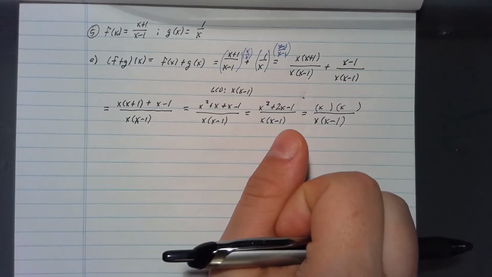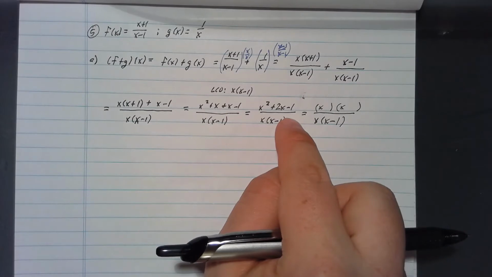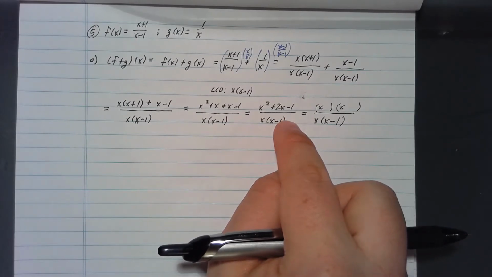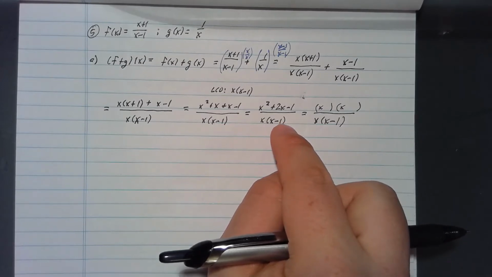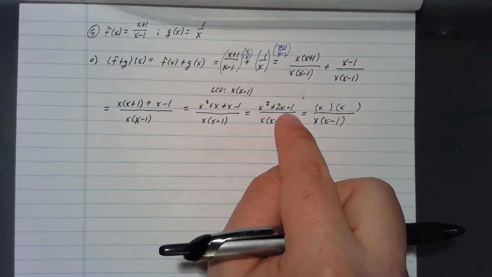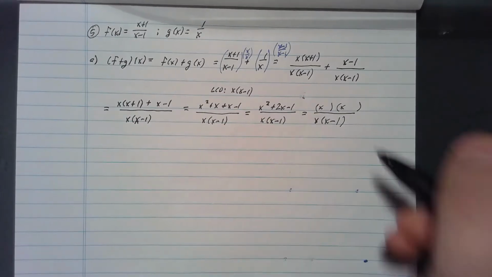Well, 1 times 1 adds up to 2, but I would need plus 1 times plus 1, but I have negative 1 here, so that's not going to factor.